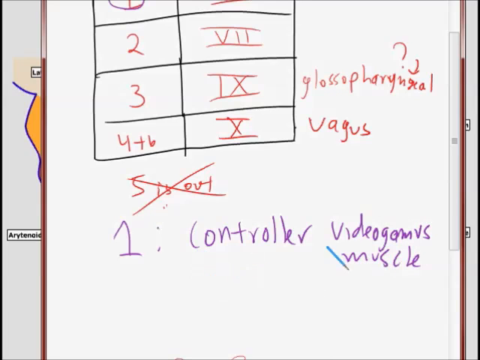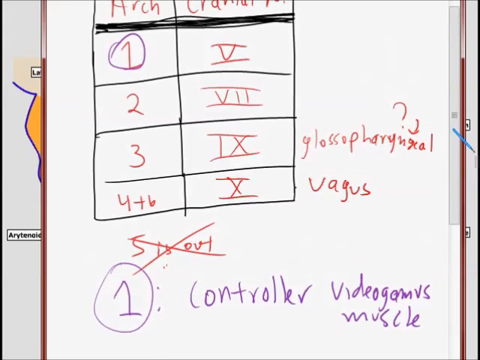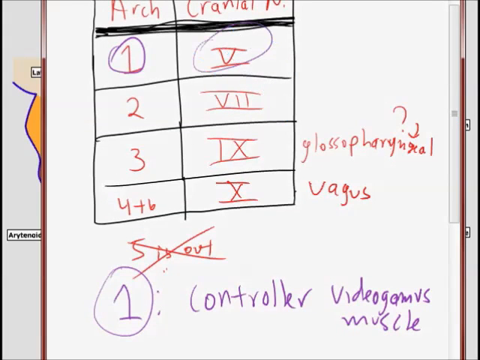So if the controller video games muscle comes from arch number 1, what supplies arch number 1? According to our handy dandy drawing up here, it's cranial nerve number 5. So if they ask what nerve innervates the controller video games muscle, then it must be nerve number 5.